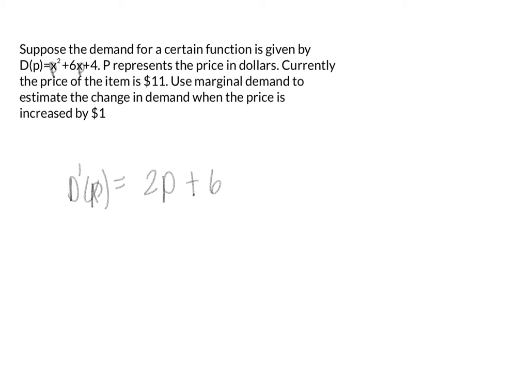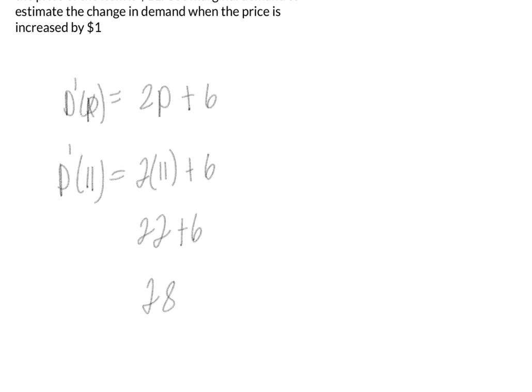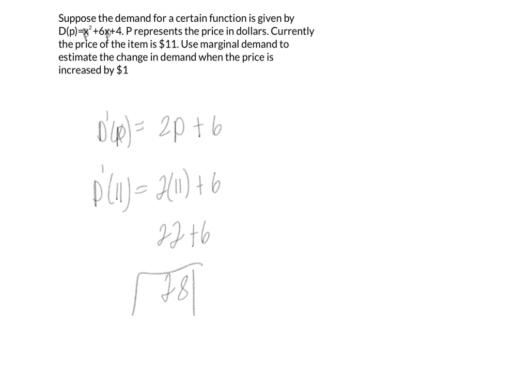So to find the change in demand as price goes from $11 to $12, you plug 11 into that derivative, and that will tell you how that changes for one more dollar. So 2 times 11 plus 6, 22 plus 6 is 28. The demand changes by 28 whenever you change the price from 11 to 12.